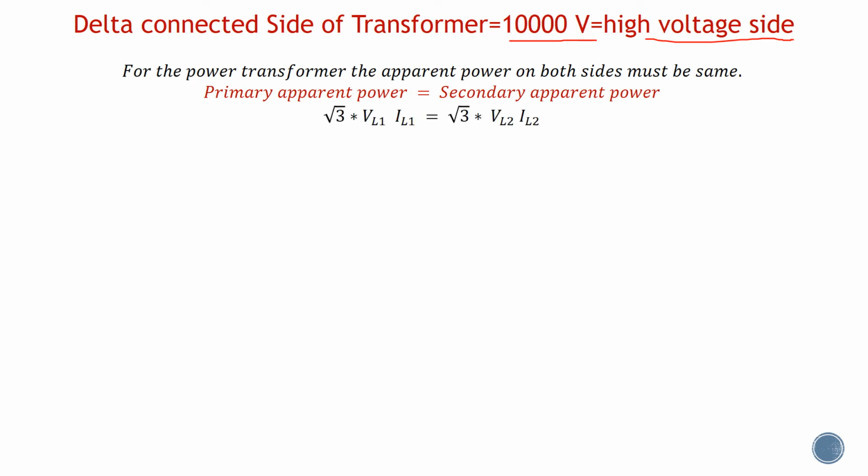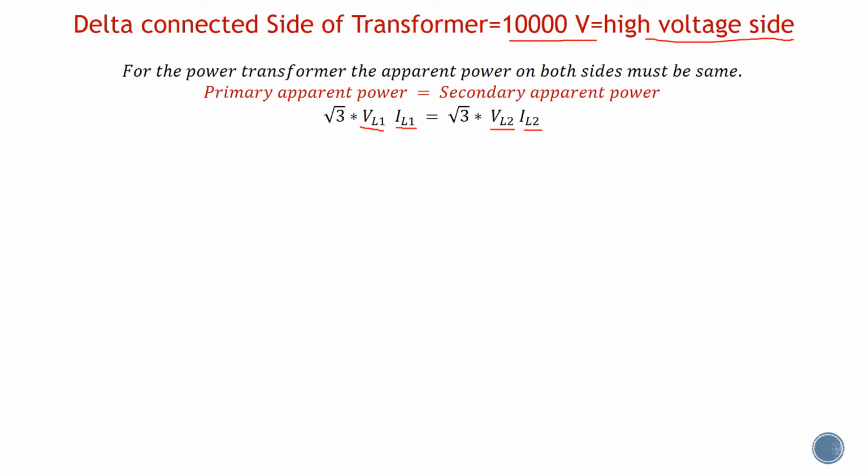Substituting the values of power, that is root 3 VI, where VL1 is the line voltage of your primary side, IL1 is the line current of your primary side, VL2 is the line voltage of your secondary side, and IL2 is the line current of your secondary side.